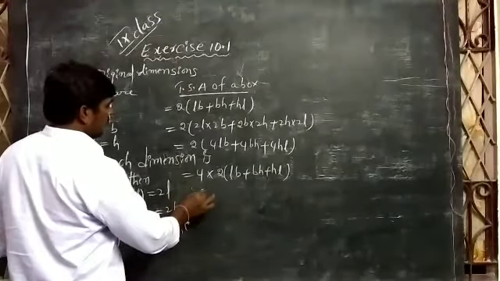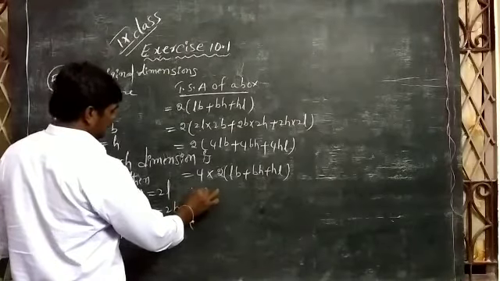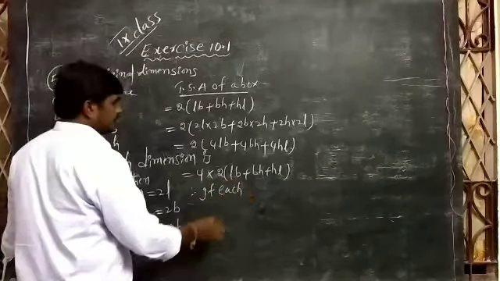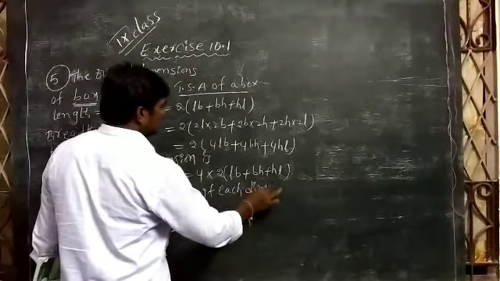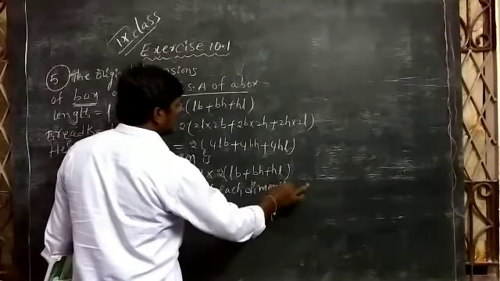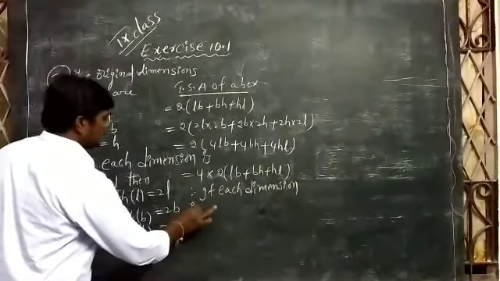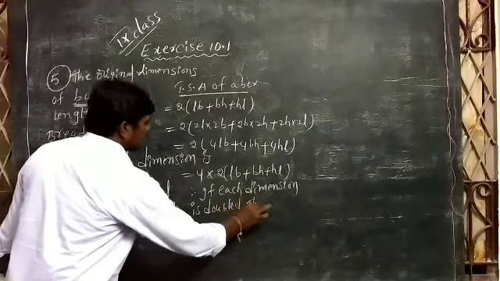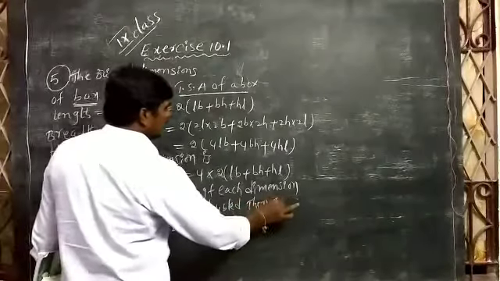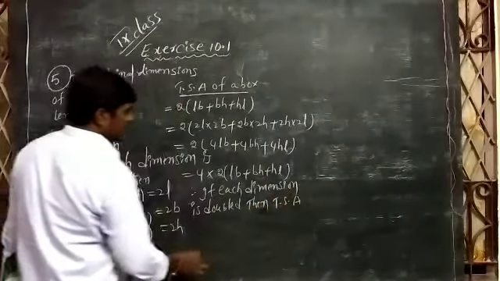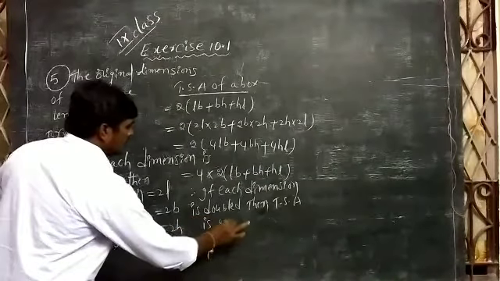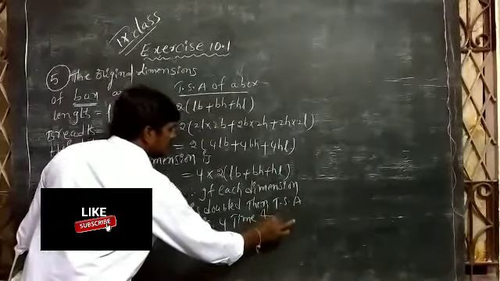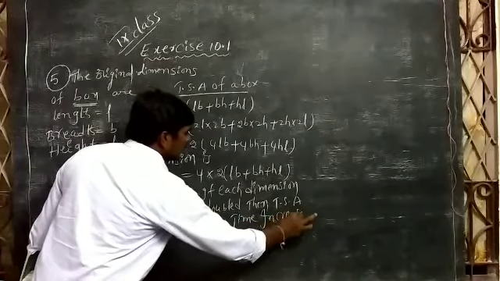Therefore, if each dimension is doubled, then the total surface area is 4 times increased.